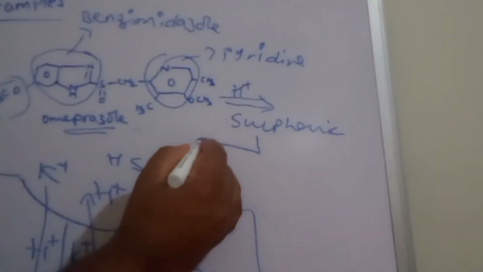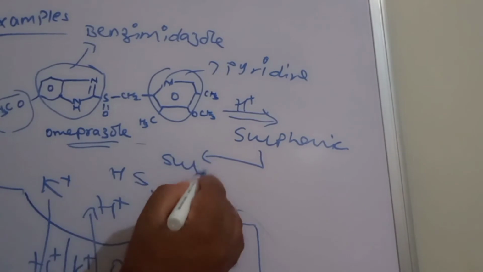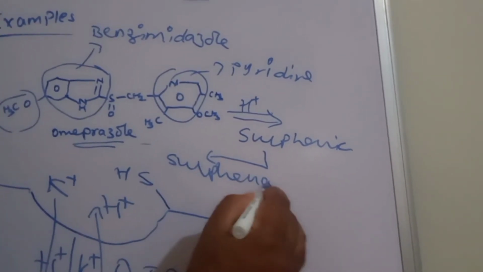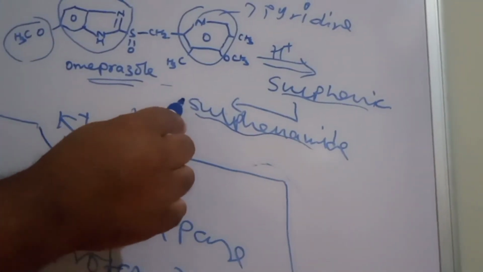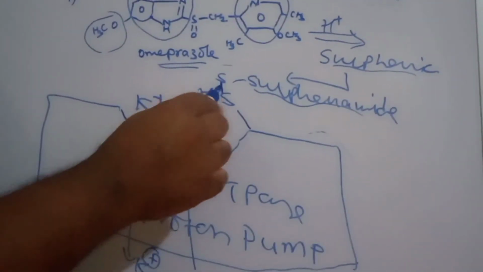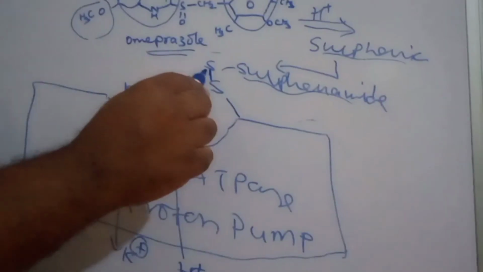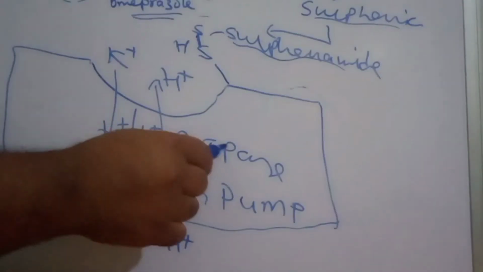This sulfonic acid further forms sulfinamide. Sulfinamide contains sulfur, so this sulfur of omeprazole forms a covalent bond with the sulfhydryl group of the enzyme.